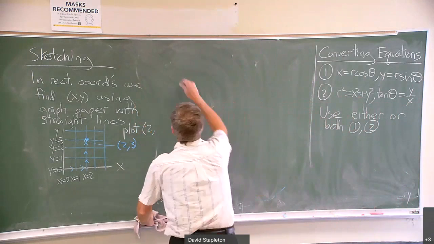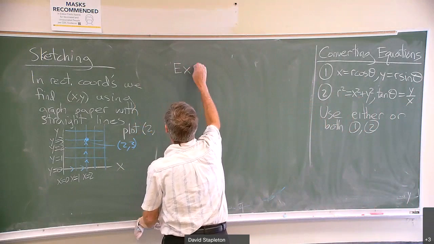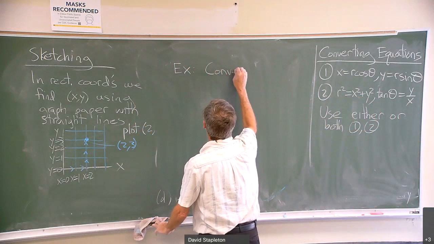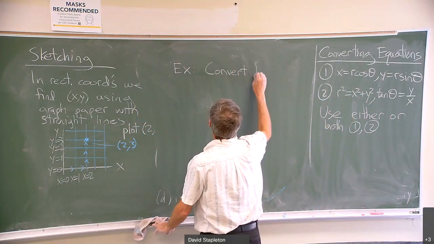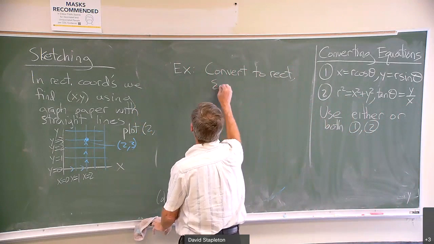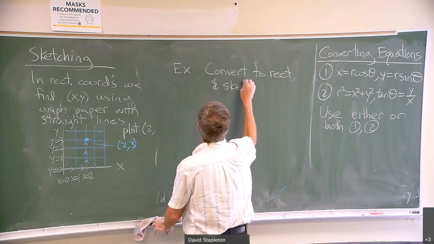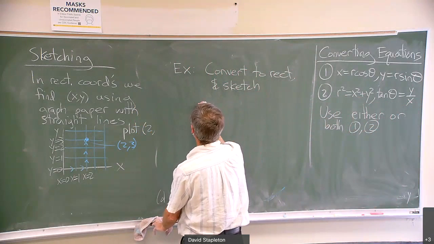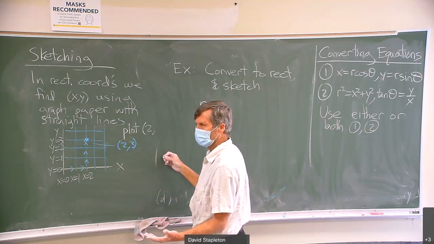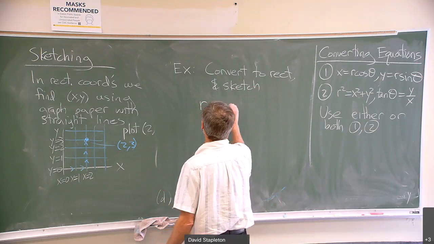Suppose you want to convert this one to rectangular coordinates. I give you an equation of polar coordinates, and suppose I want to sketch it. Here's my equation. The equation for, like, y equals x squared is a parabola. Here's a polar equation: r equals cosine theta.